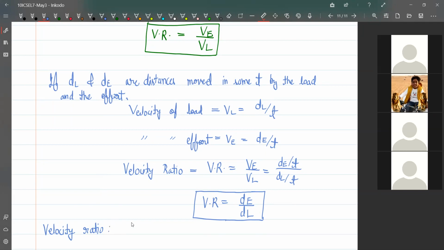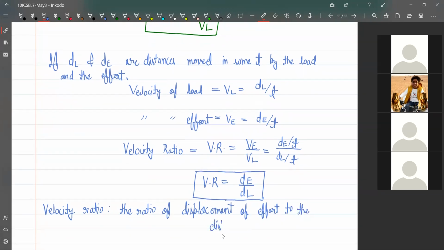Velocity ratio is the ratio of the displacement of effort to the displacement of load. That's a new definition for it.